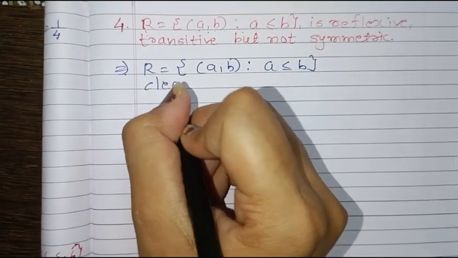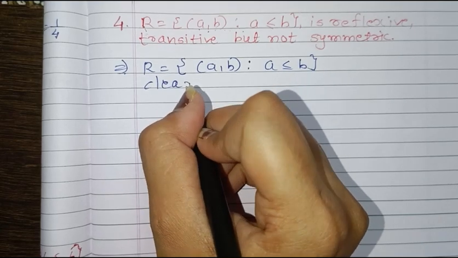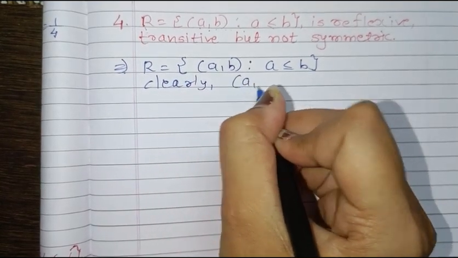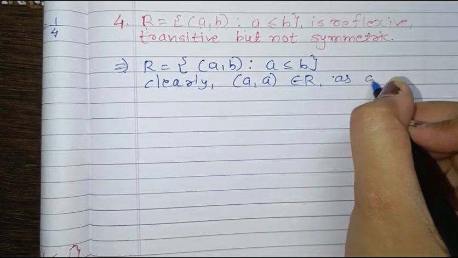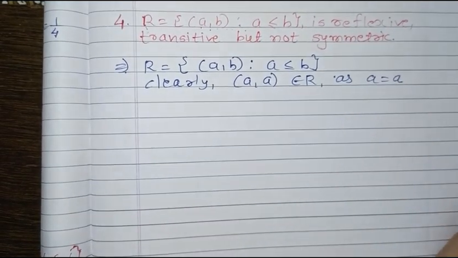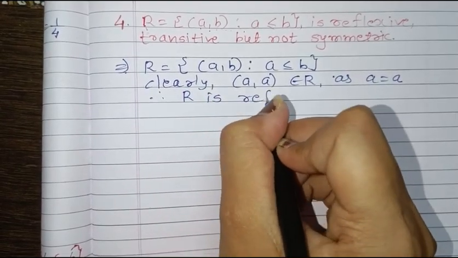Clearly, (a, a) belongs to R as a equals a, which is possible. Hence, R is reflexive.